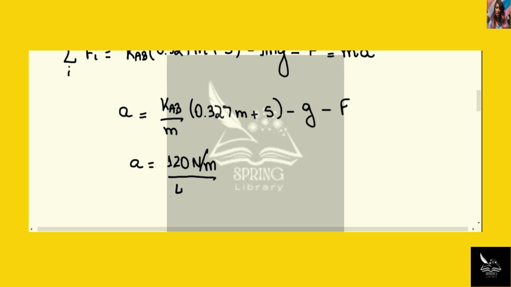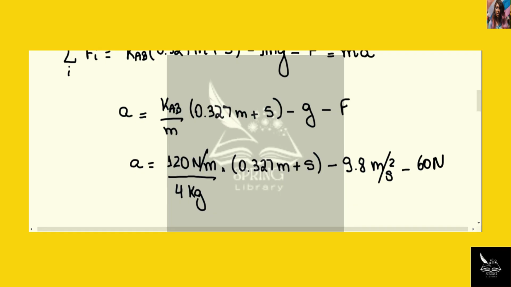We have to divide it by 4 kilograms and multiply it by 0.327 meters plus s, minus g, that's 9.8 meters per second squared, minus F, that's 60 newtons.